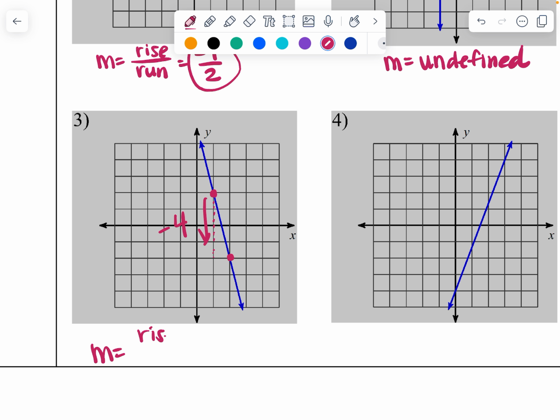Again, it's rise over run. So my rise is -4. To move from here to here, move 1 box to the right, which means it's +1. So my run is 1. So my rise over run is -4/1. We can simplify that to be -4. So my slope is -4.